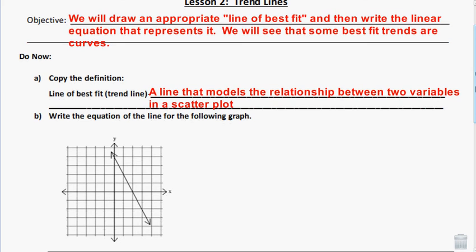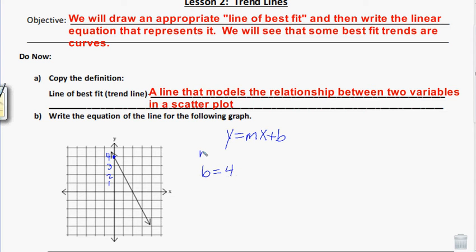So for part B of our do now, this is way back to like October when we learned how to write the equation of a line. Remember that the equation of a line can be written in the form of y equals mx plus b. So by looking at this, if I assume these tick marks are going by 1, which I have to assume since they didn't tell me anything else, it looks like the y-intercept, which is your b, is at 4.